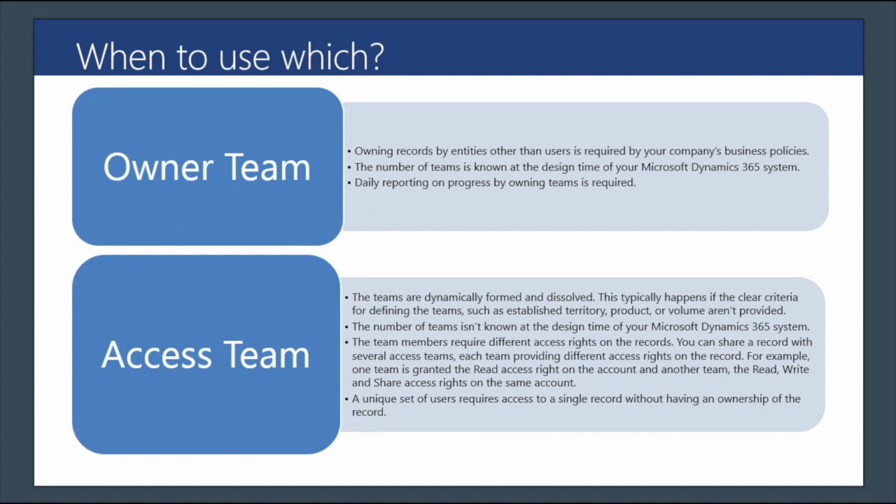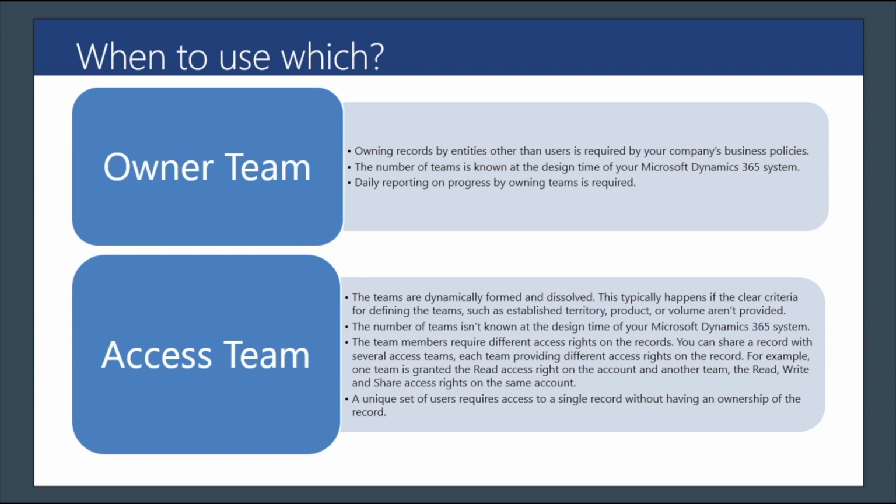Leveraging access teams, you can grant that user access to the case, and that case will automatically be shared with that user. The access team itself is not created until the first user is added as a member for that particular record. So when I add the investigator to the access team, if that's the first member of the team, at that point the team is created.